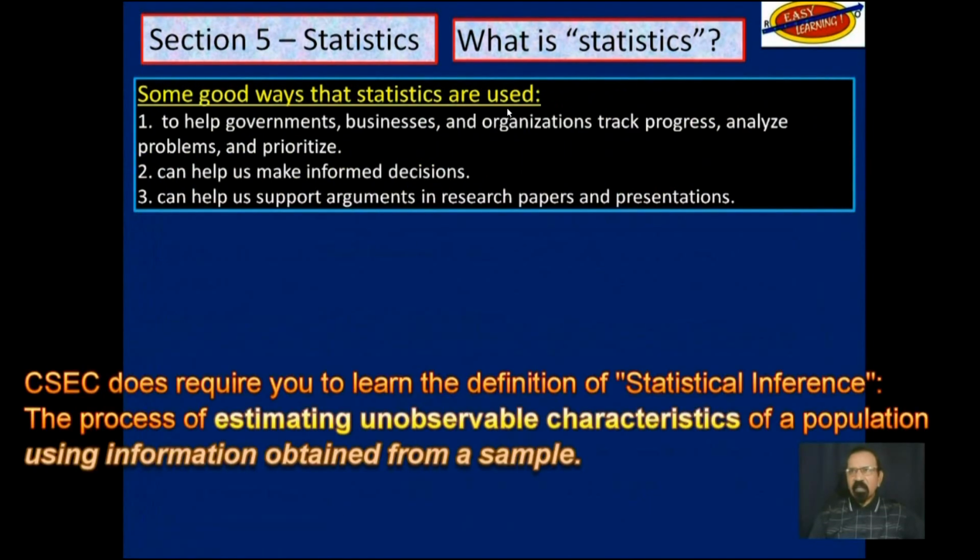Some good ways that statistics are used: one, to help governments, businesses, and organizations track progress, analyze problems, and prioritize. Another way is to help us make informed decisions. And thirdly, it can help us support arguments in research papers and presentations.